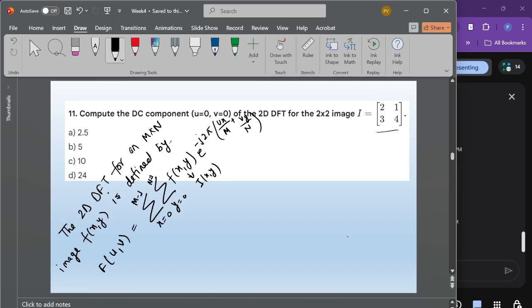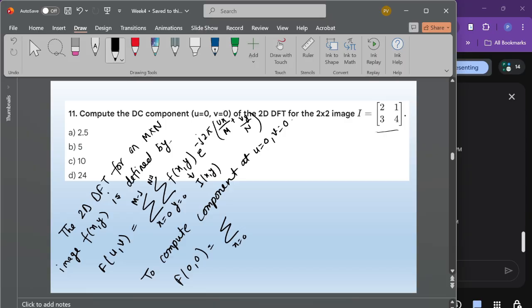Okay, so now we need to calculate the DC component. To compute the DC component, we already know that u equal to 0 and v equal to 0, so F(0, 0). Here x will vary from 0 to M minus 1.